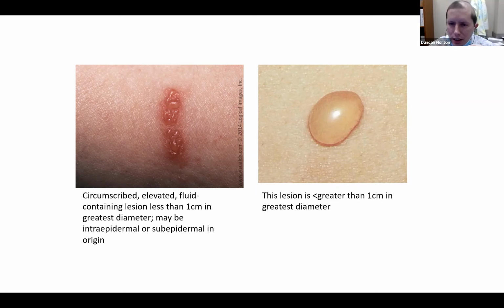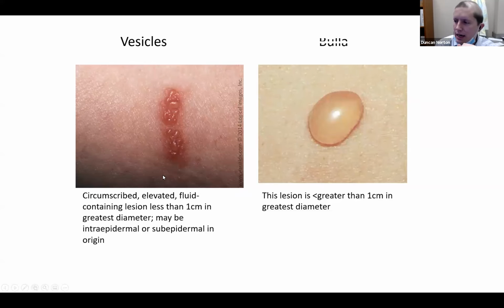These can be intradermal or subepidermal in origin. They contain clear fluid as opposed to a bulla, which is greater than 1 centimeter. They're typically thin-walled, they rupture easily, but a bulla is greater than a vesicle. So that's step number one in figuring that out.